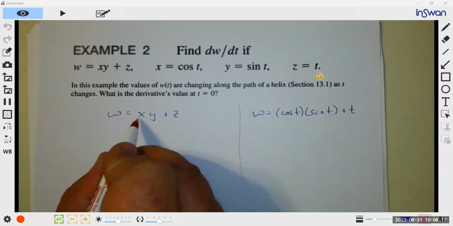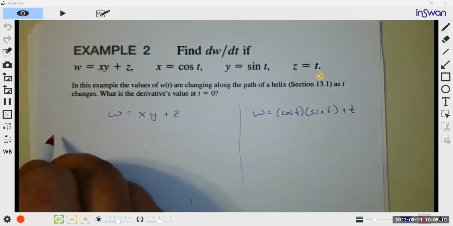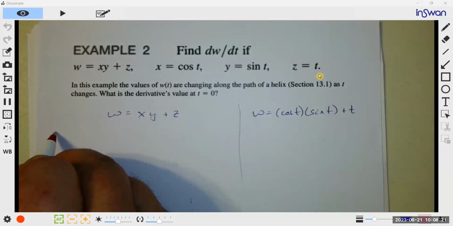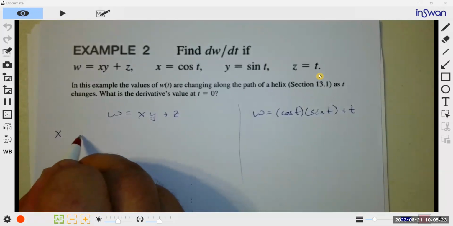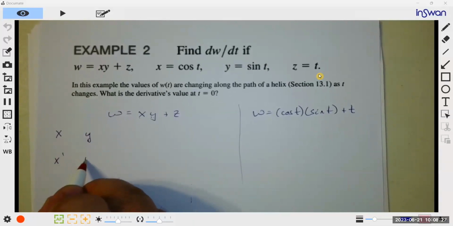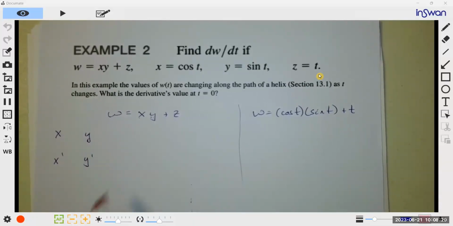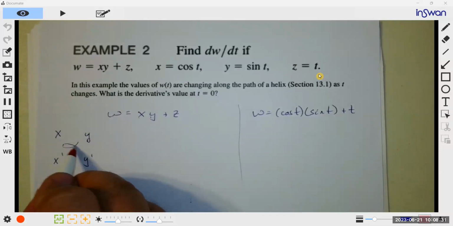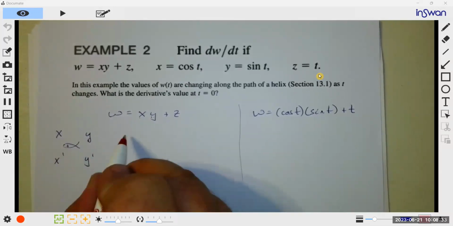So what we have to do here, since we have a product rule, we have the x and y, and then the derivatives of x and y. Since it's multiplication, I add them.